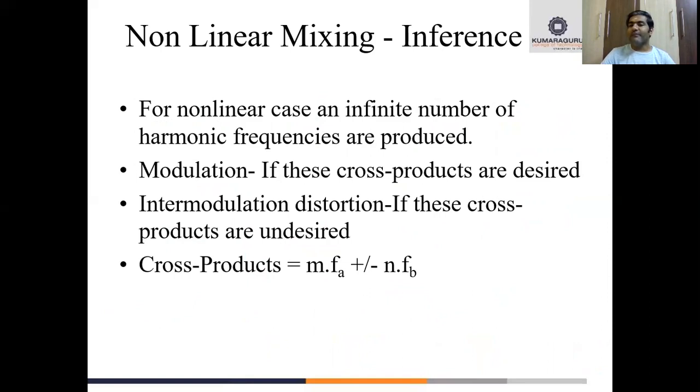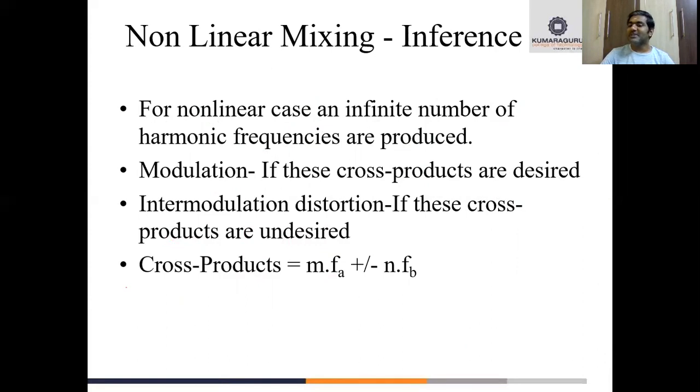So what is my carrier frequency, the high frequency? Let FA be 500 kilohertz, and let your message be FB, say 1 kilohertz. So 1 kilohertz is being modulated by a 500 kilohertz carrier. Your output will have FA plus FB and FA minus FB.